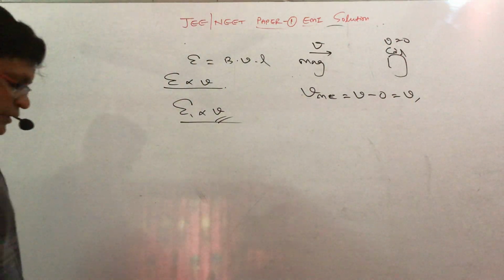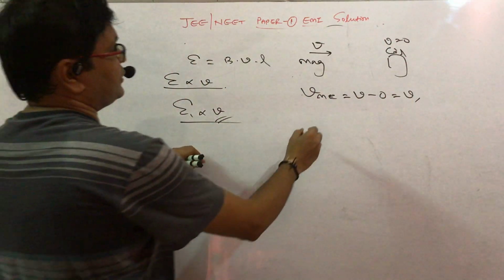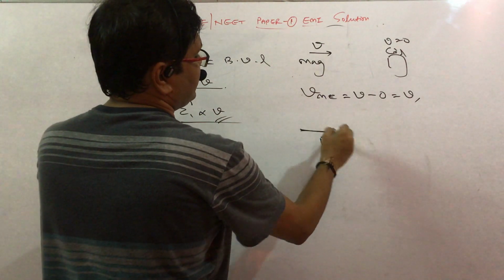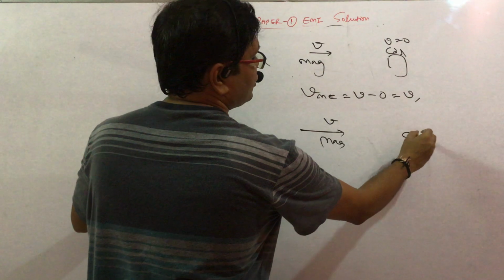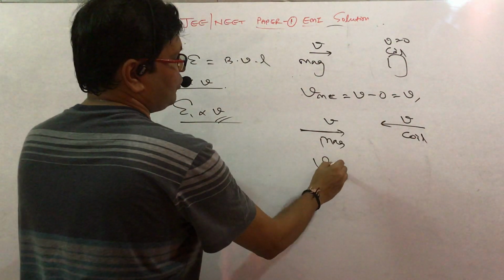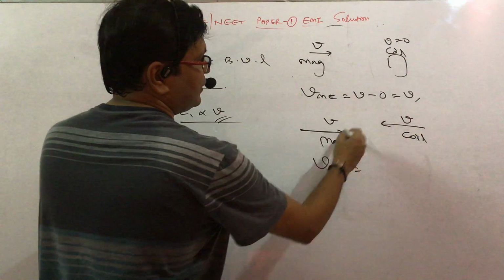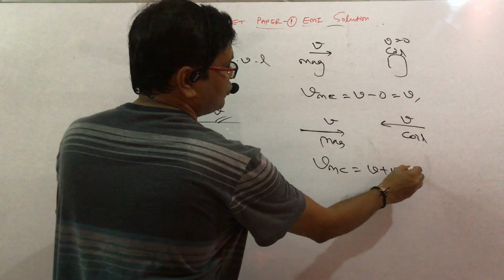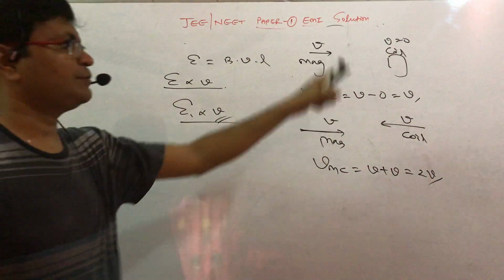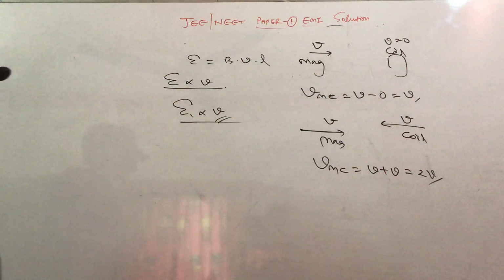Okay, while in the second case you can see what happens. In the second case, the magnet is moving with speed V and the coil is also moving with speed V. So what is the relative velocity of magnet with respect to coil? Both are in opposite directions, then you know that there is summation. Relative velocity, chapter number 4, 3, standard 11th.